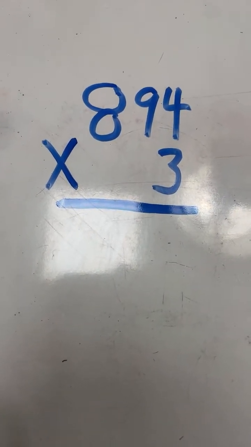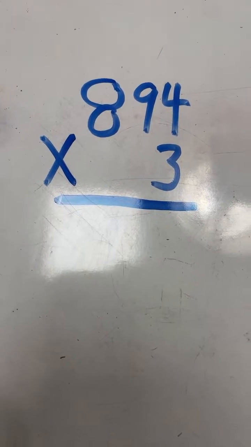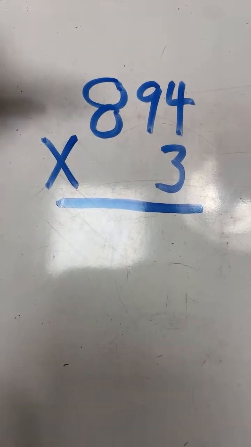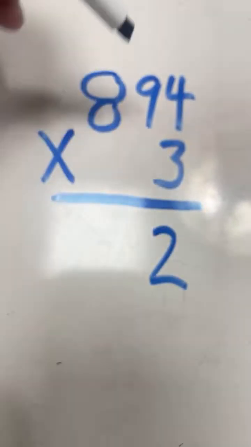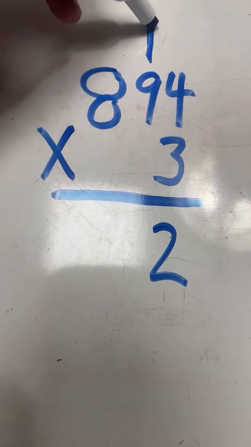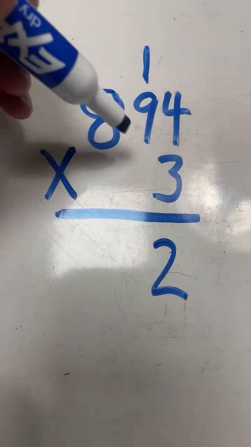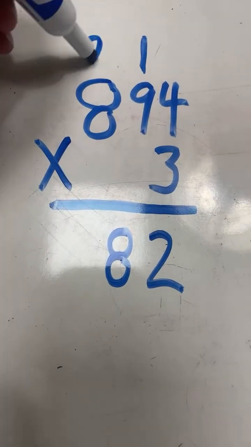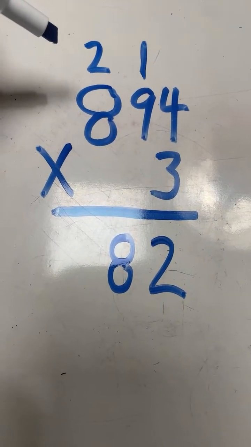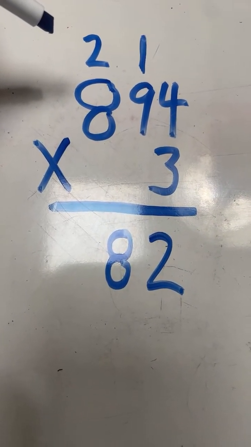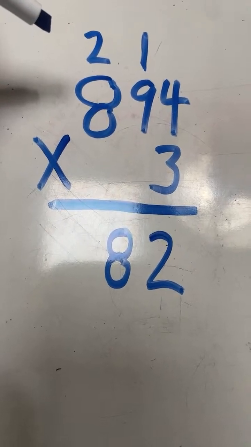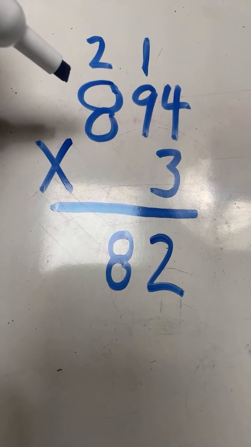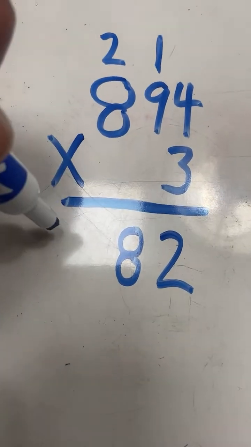All right, next example problem, we have 894 times 3. So we start in the ones place. 4 times 3 equals 12. 2, carry the 1. 9 times 3 equals 27, plus 1 equals 28. 8, carry the 2. 8 times 3 equals 24, plus 2 equals 26.